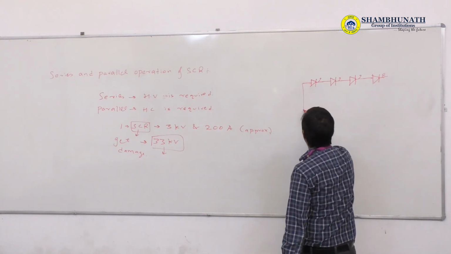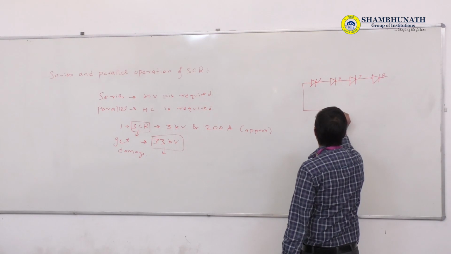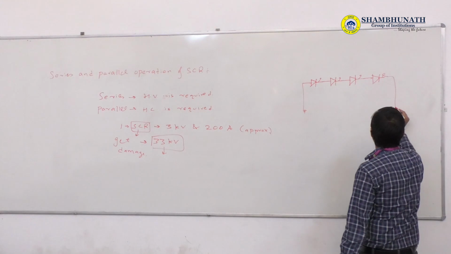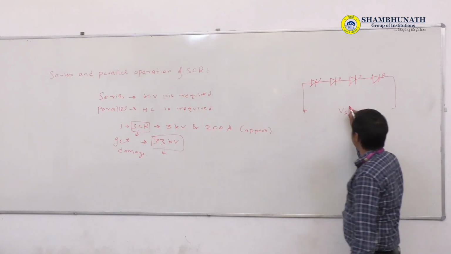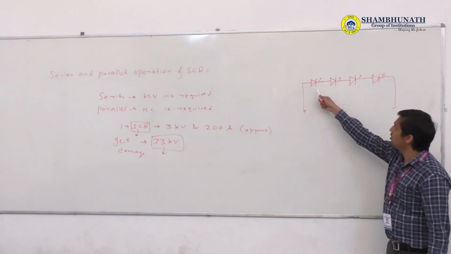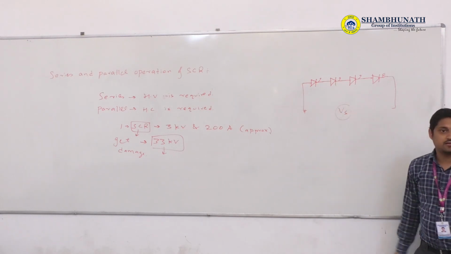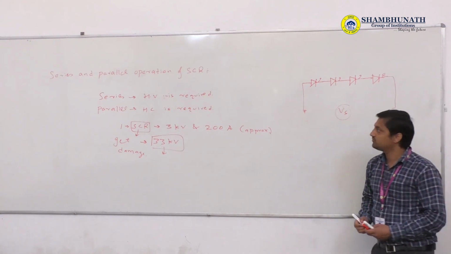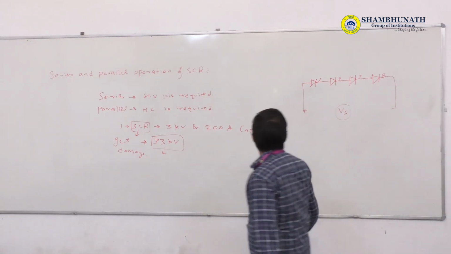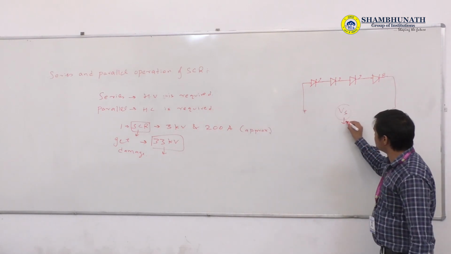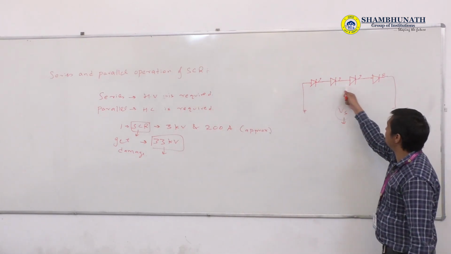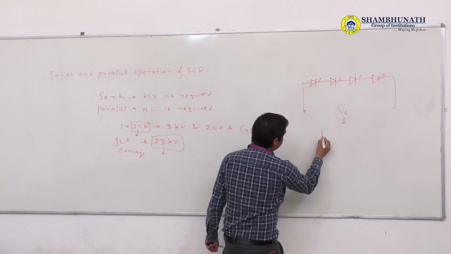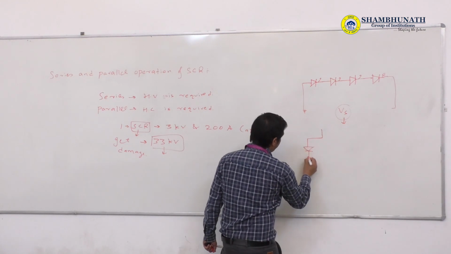Now the source voltage is divided among all these SCRs and each can bear its rated value. So if the source is a voltage, we connect the SCRs in series. If the source is current, we connect these SCRs in parallel.